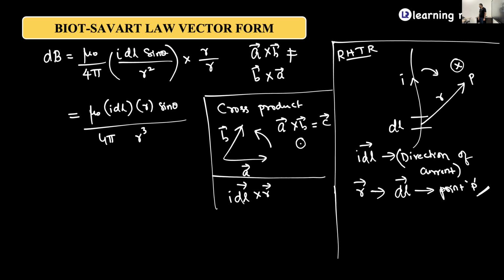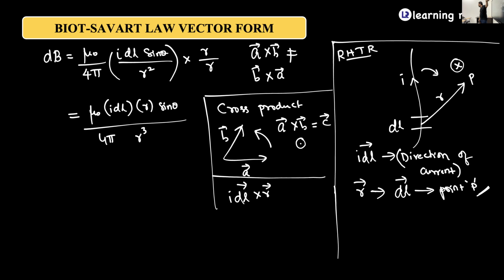Why is it outwards, sir? Because you know how you understood a cross b? What are you supposed to do? In a cross b, which is first vector, which is second vector? B is second vector, no? In idl cross r, who is second vector? R, no. Fix the direction of R. Yes, from the first vector, turn towards second vector.